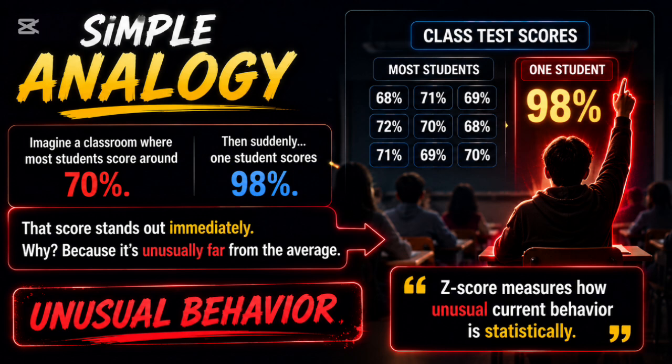This is exactly how Z-score works. It measures how unusual current behavior is statistically.